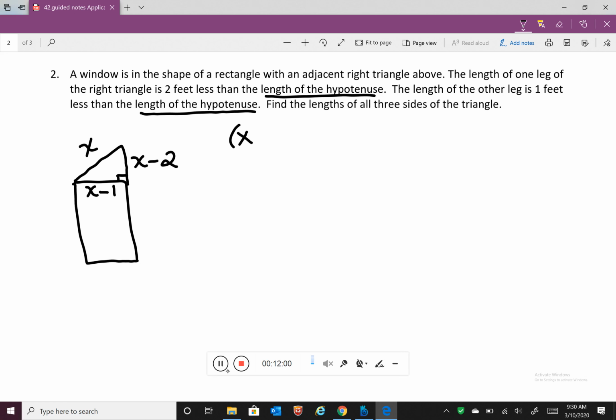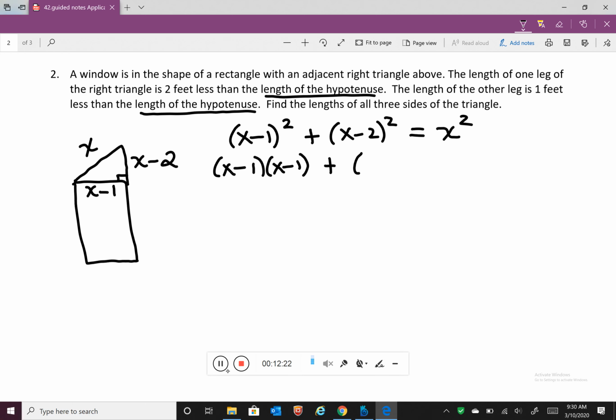And this is a right triangle, so we can use the Pythagorean theorem, where we have a leg squared plus the other leg squared is equal to the hypotenuse squared. Now (x - 1) squared means (x - 1)(x - 1), plus we have (x - 2)(x - 2) to represent our (x - 2) quantity squared, and this is still equal to x squared.